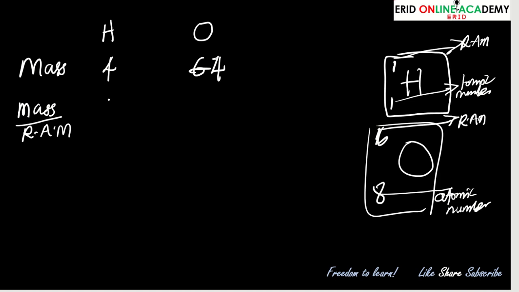So you have 4 divided by the relative atomic mass, which is 1, and 64 divided by the relative atomic mass of oxygen, which is 16.